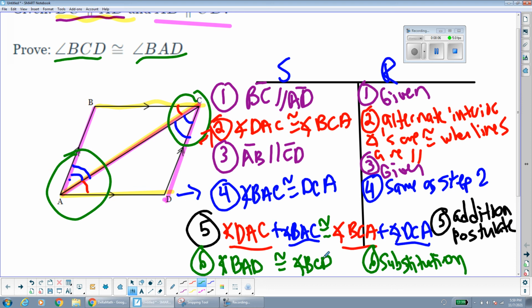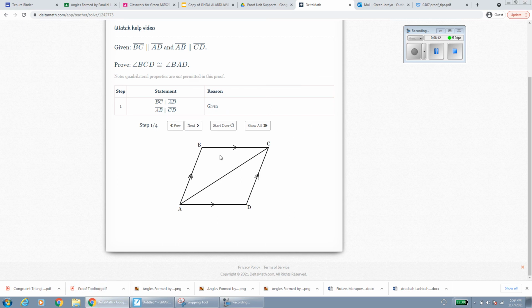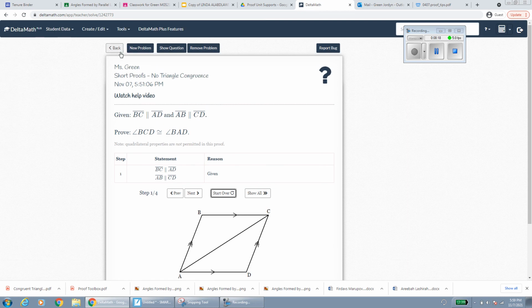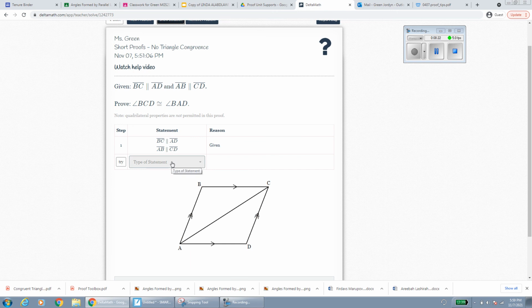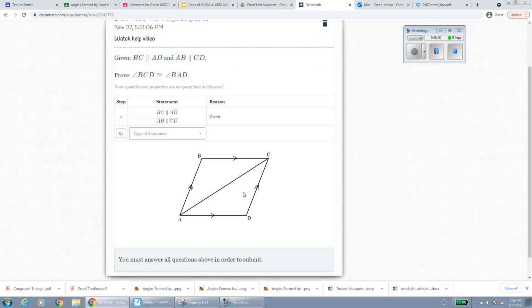So now we just have to attempt to rewrite this into Delta Math, and that should be fun because Delta Math is really annoying. Why is it not letting me do this? Okay, here we go. So the first thing we talked about was the alternate interior angles. Which ones did we do first? We did the red ones first.